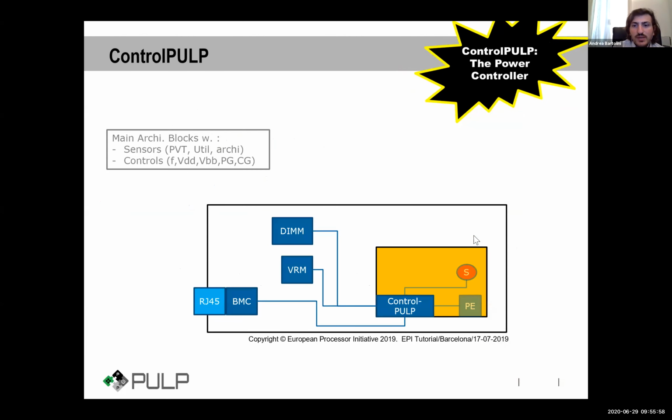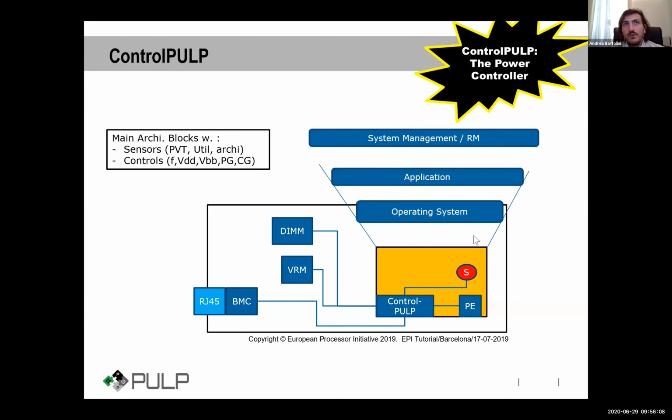Finally, we have ControlPULP, which is an extension of the PULPissimo system to support the power control of high performance computing systems. And indeed, in a high performance computing system, there is the need of controlling the power consumption during execution of the processors, and the controller needs to interface with the operating system, application system management, and also, on the motherboard, with voltage regulators, memories, and also board management controllers.